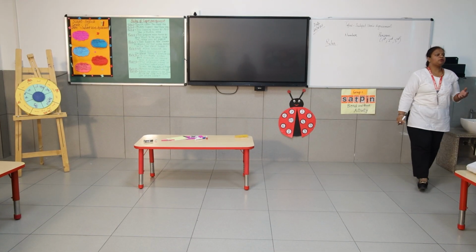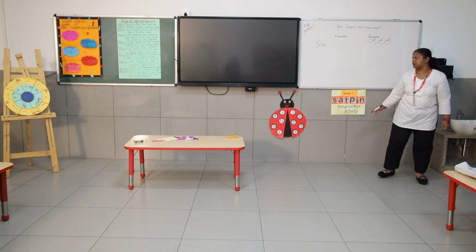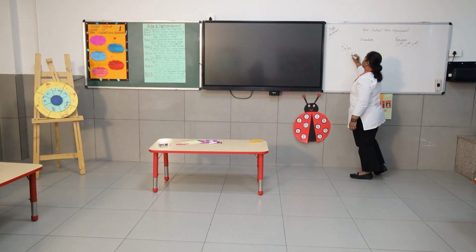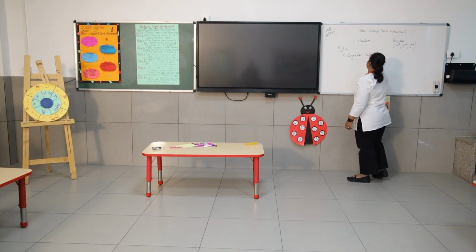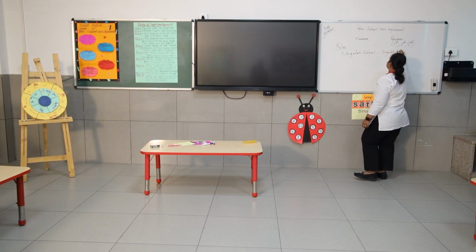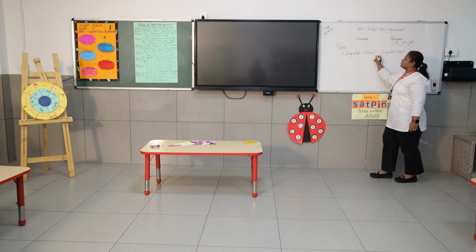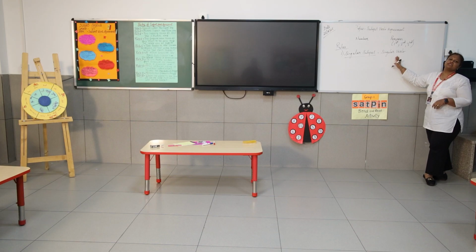Now what are the rules where the subject and verb will agree with each other? The first rule is singular subject takes singular verb. So when our subject is one in number, the verb will go in singular.